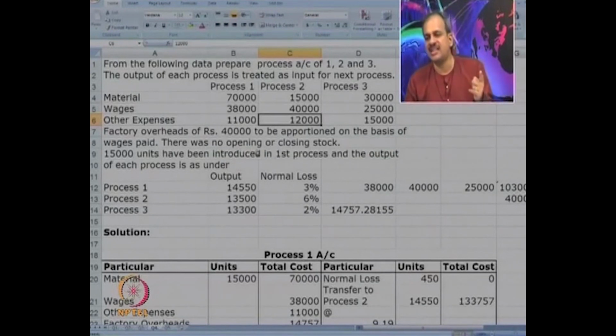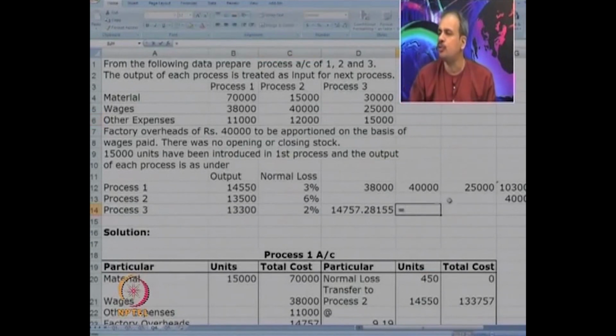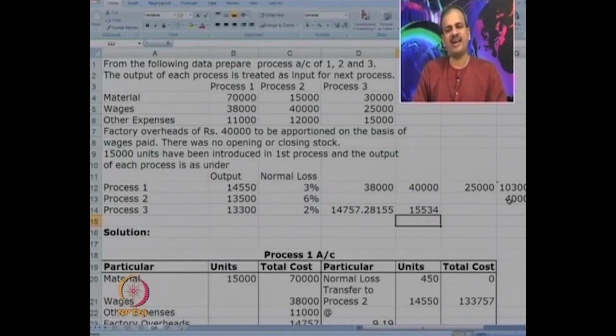You will also charge the factory overheads in the proportion of direct labor. So let us calculate how much they will come to. So 103 in the ratio of 40. So you will get 15,534. I hope you are also able to calculate. So you are going to charge 15, 40, 12 plus 15,534.